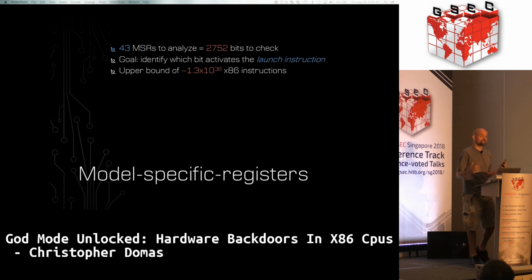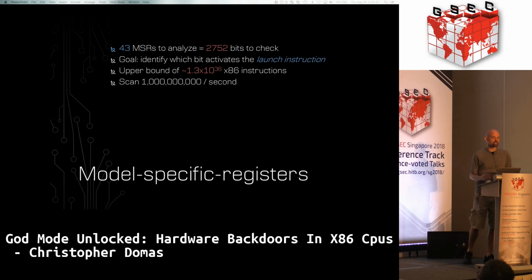But x86 is a really, really complex architecture, and it's hard to estimate exactly how many instructions there could be in x86, but you can put an upper bound on it. By looking at the x86 architecture, there's potentially somewhere on the order of 1.3 undecillion x86 instructions out there. And I'm trying to find exactly one new instruction amongst all of those.